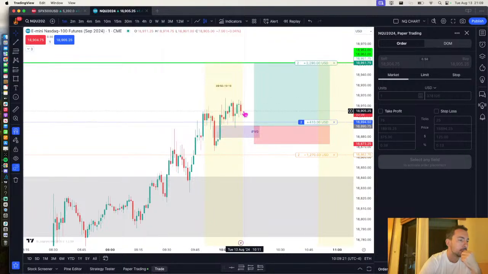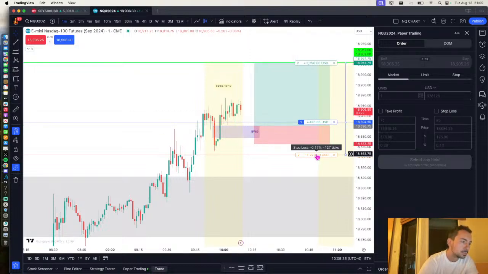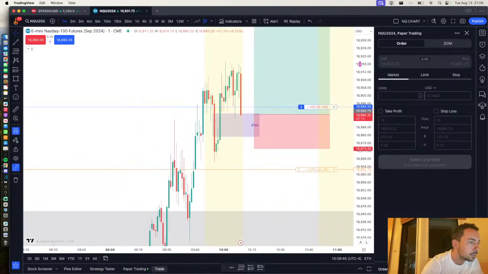Okay, see this? It's just consolidating and nothing is really happening in this macro, which I don't particularly like. I'll be honest. You want to see these moves happen within a macro. Yeah, you've got to be super careful with this, honestly. I am not a huge fan, I will be honest.